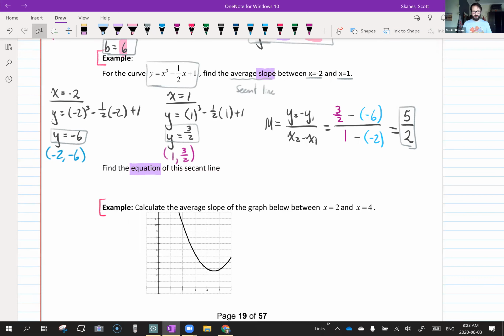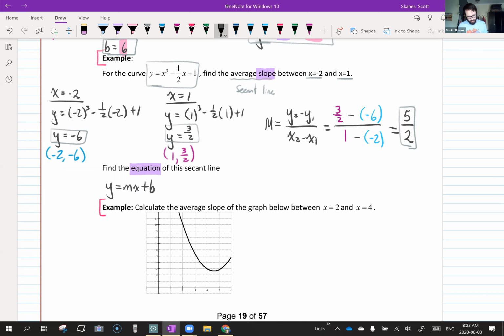Is that clear so far? That one was different because we didn't have the graph, but we're just substituting points in. Now we need to get the equation of the secant line. I'm going to follow the exact same process as I did before. Let's remember, we need to solve y equals mx plus b. We're just going to use our slope and one of the points to solve it.